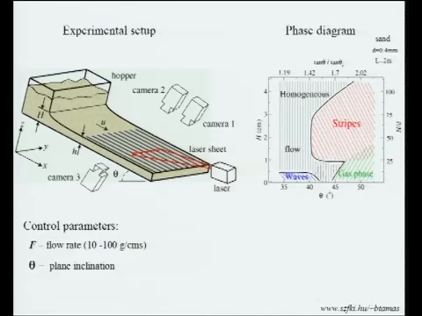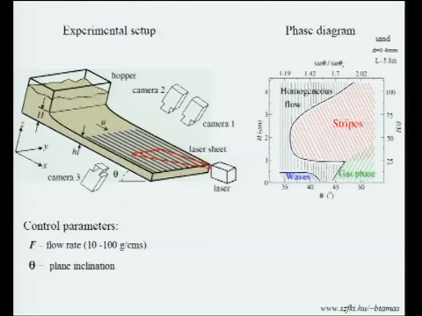And this phase diagram was obtained for a plane length of 2 meters. Actually, if we increase the plane length, we can push this border here towards the denser regime. So this is the longest plane we have played with, almost 6 meters. And then we got the stripe state for sand down to 36 degrees.